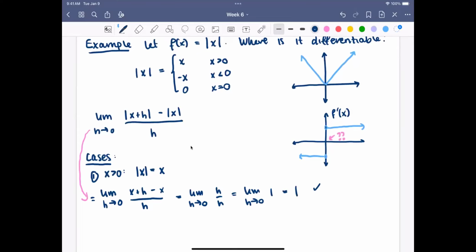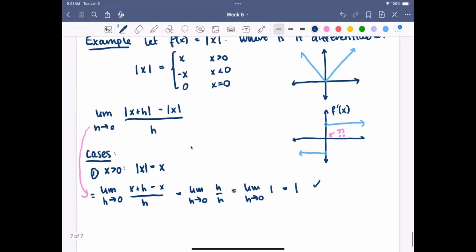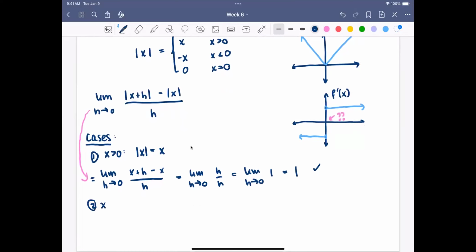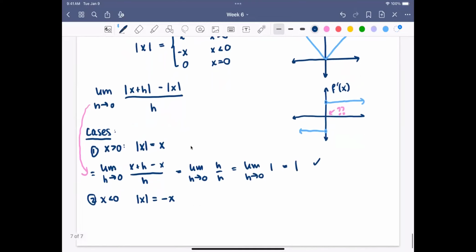So now I'll do the case when x is less than 0. Here, the absolute value of x is equal to minus x. So then we get the limit as h approaches 0 of minus x plus h minus x, divided by h.